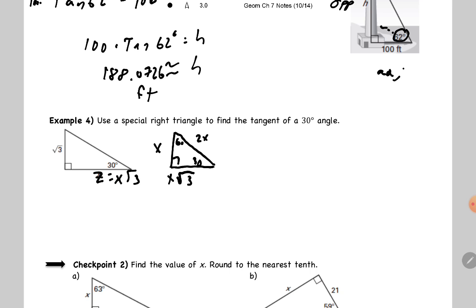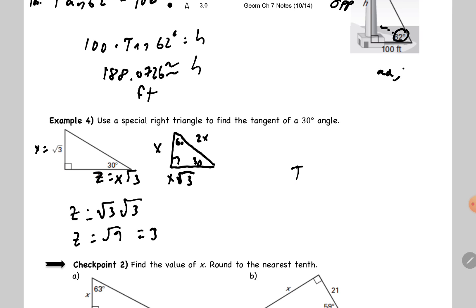And this is equal to my x, because this is opposite of 30. So that means that z here is equal to square root of 3 times the square root of 3, which is the square root of 9, which is 3.